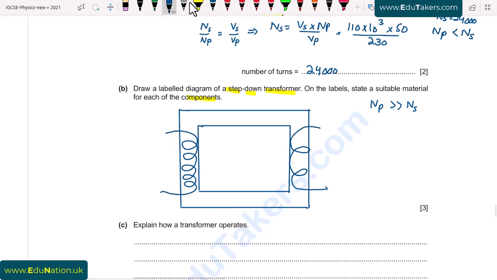I label it as secondary coil. It's the primary coil, or copper coil. And this is soft iron core.